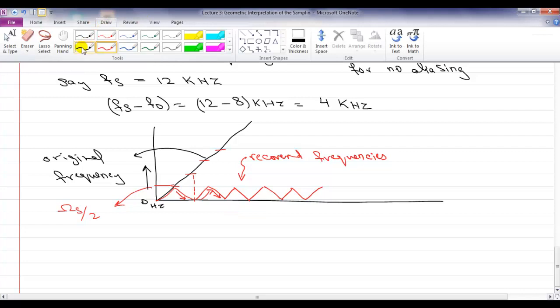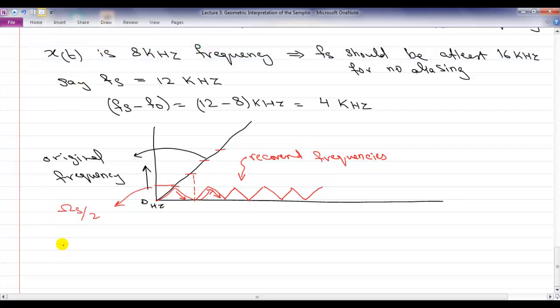So let's now figure out what we can do. Aliasing is not good. Why is aliasing not good? Because not only are you not recovering the high frequencies, which is bad enough. You sample 6 kilohertz at 4 kilohertz, you are not going to recover it. That is one problem.